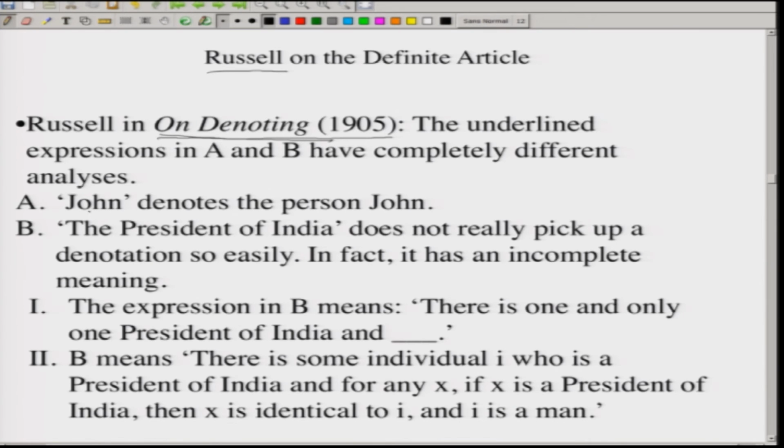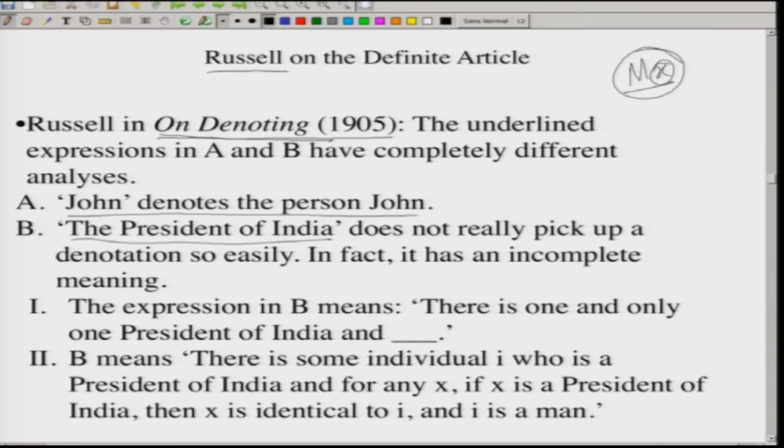Because John denotes the person John. So, yes, we have MX and X could be directly replaced by John, and we could have John is a man, but the same does not apply to the phrase the President of India, because the President of India does not really pick up a single denotation so easily, of course, not like what John could do.